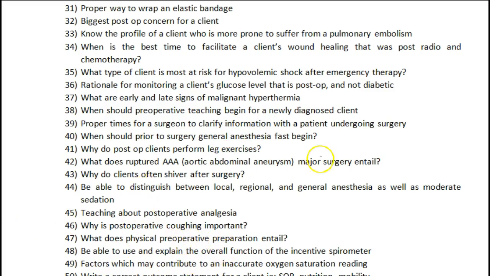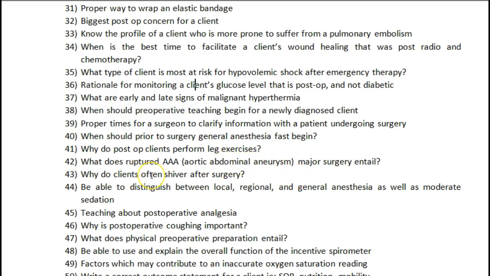Why would you tell people to perform leg exercises post-op? We know that's to prevent deep vein thrombosis, because you want to keep that circulation going and you want adequate venous return.